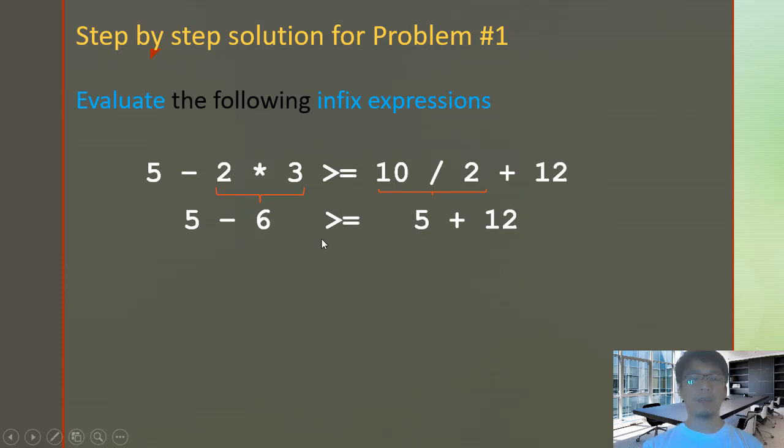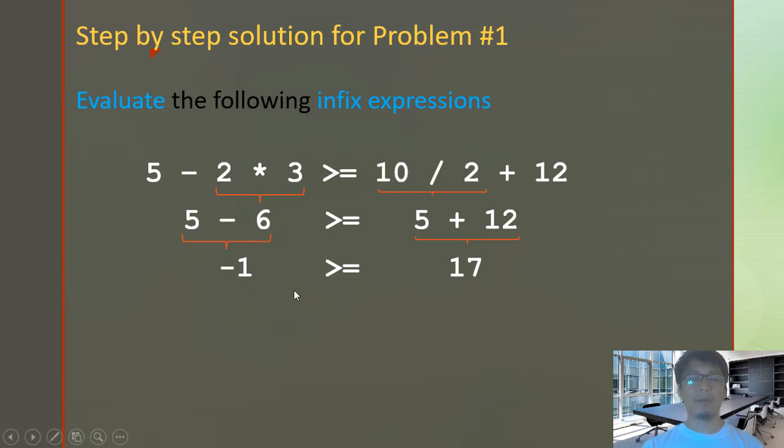Next, we have to evaluate the left side and the right side also. 5 minus 6, we have negative 1. Then 5 plus 12 is 17. So next, we have negative 1 and we have 17.